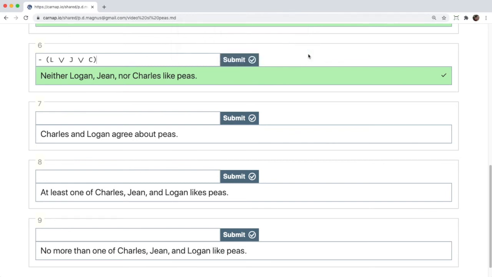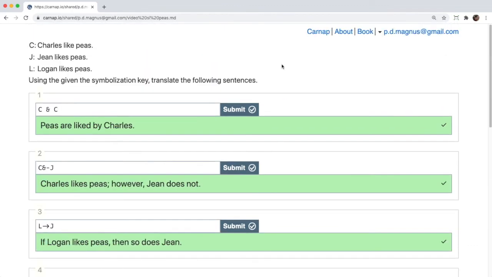Okay. Number 7. Charles and Logan agree about peas. Well, now, we can't capture agreement across all questions. Given our symbolization key, there's a kind of a presupposition here. They agree in liking or not liking peas.